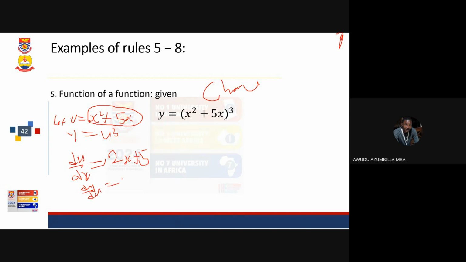That is going to give you 3u squared. Now, our task is to find dy over dx. It is going to give you du over dx multiplied by dy over du.